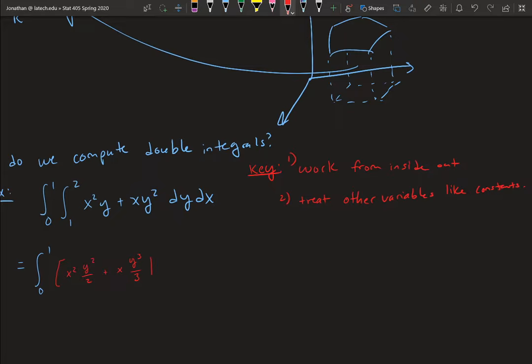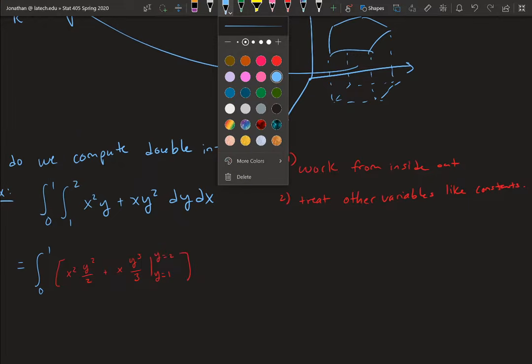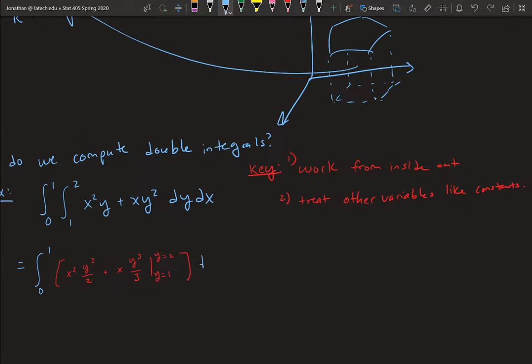And now y goes from 1 to 2. So we just did the y integral on the inside. You're just going to treat the other variables like they're constants.